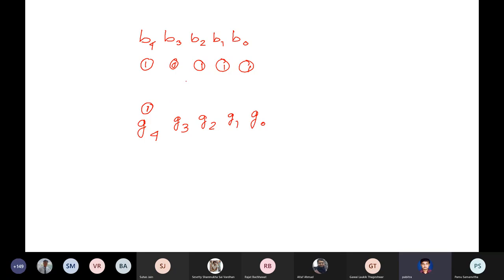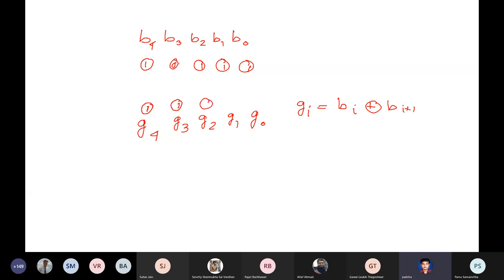And then for the other bits, Gi will be XOR of Bi and Bi plus 1. So first bit will be 1, second bit G3 will be XOR of B3 and B4, which is 1.